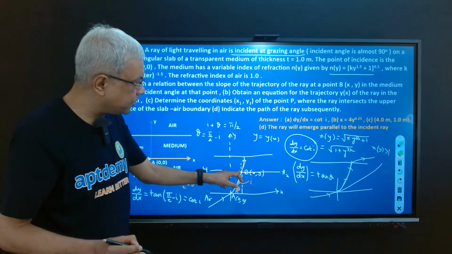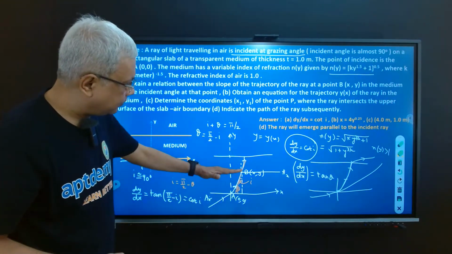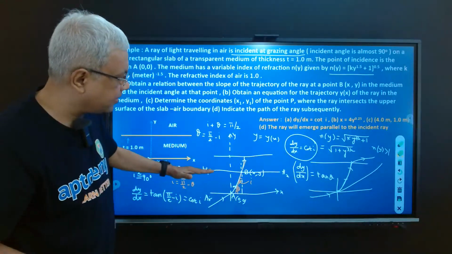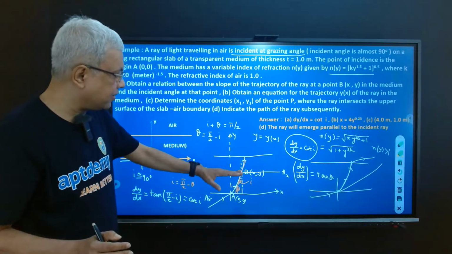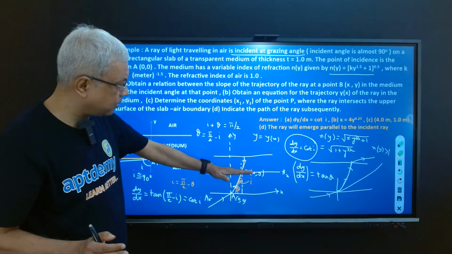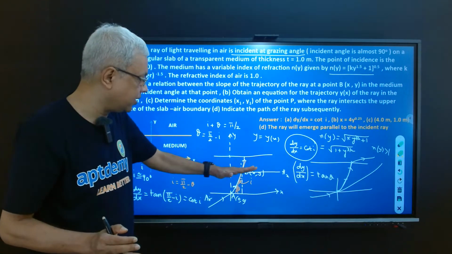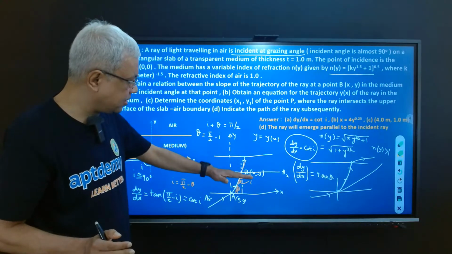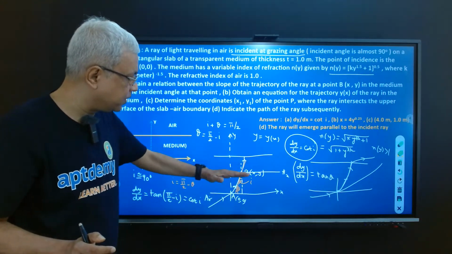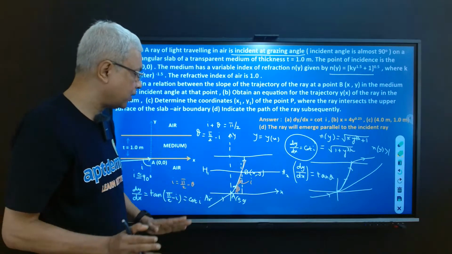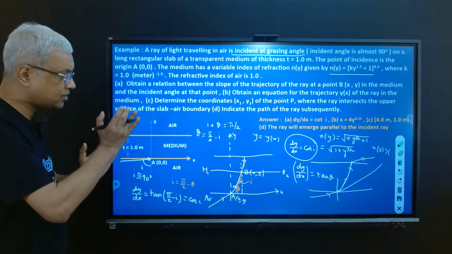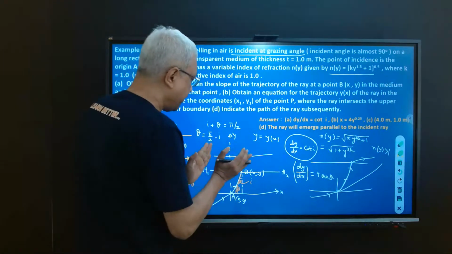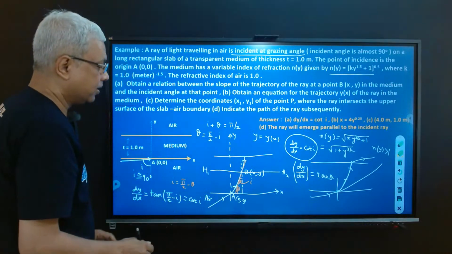At any point B(x, y), if I draw a horizontal line H1, H2, then the refractive index of the media just above the layer H1, H2 will be more than that just below the layer. And as a result, the ray always gets bent towards the normal.